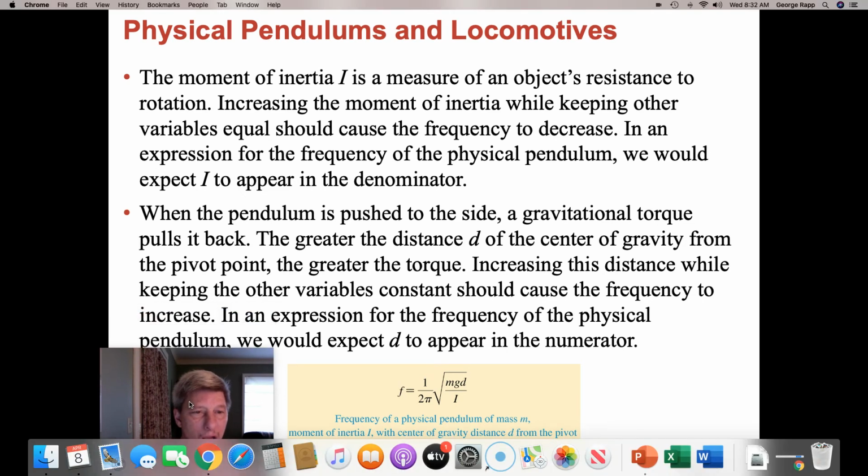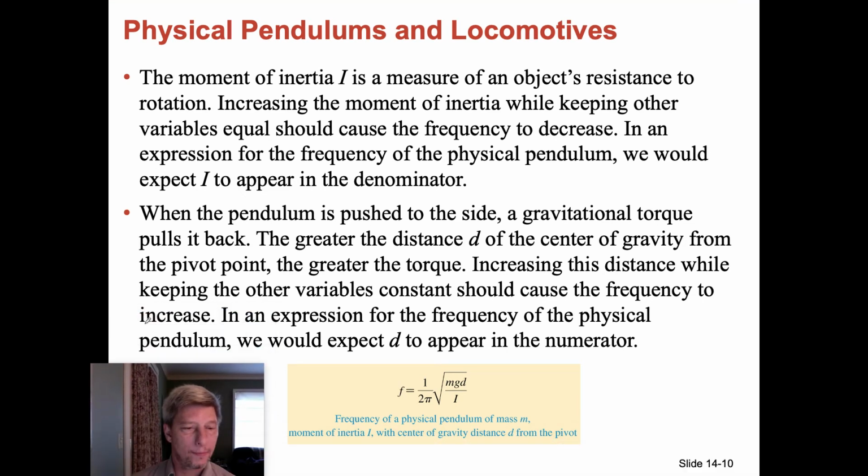Now, let's see. So the moment of inertia, I, is a measure of an object's resistance to rotation. Increasing the moment of inertia while keeping the other variables equal should cause the frequency to decrease. In an expression for the frequency of the physical pendulum, we would expect moment of inertia to appear in the denominator.